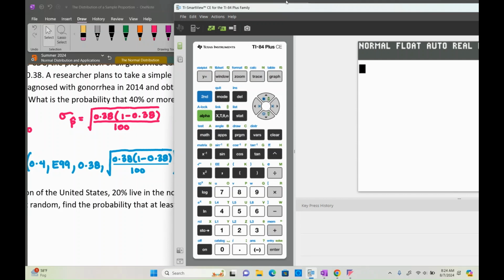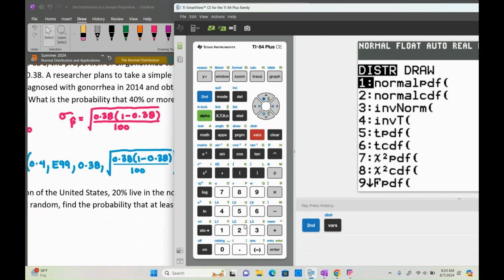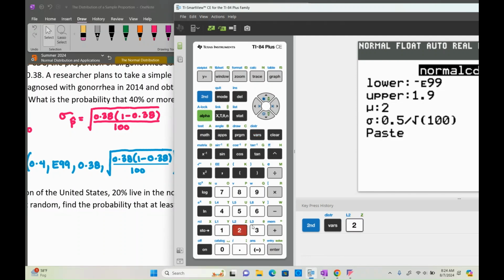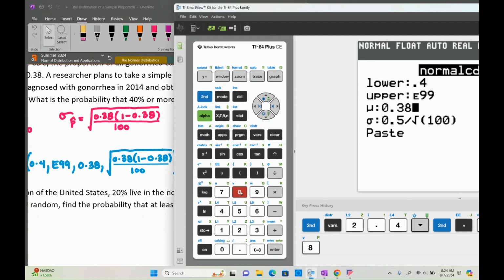Okay. So I'm going to go ahead here and hit second VARS and then number 2 for normal CDF. And then let's start typing in our lower and upper bound. There we go. And then we have 0.38 here. And then our standard deviation.